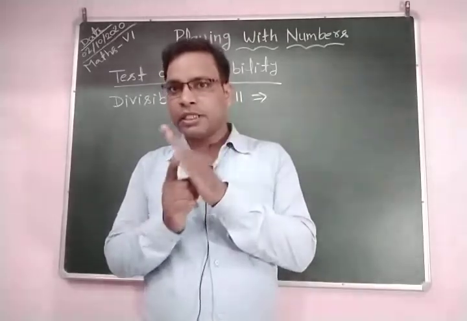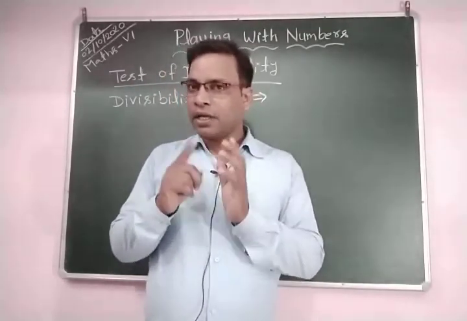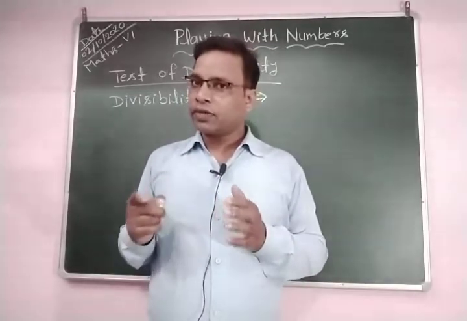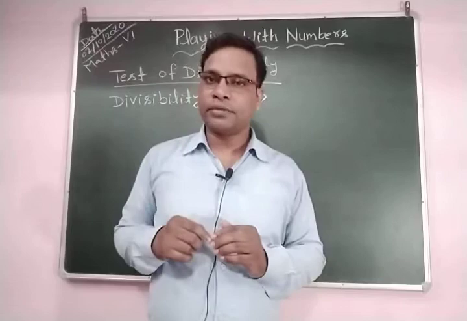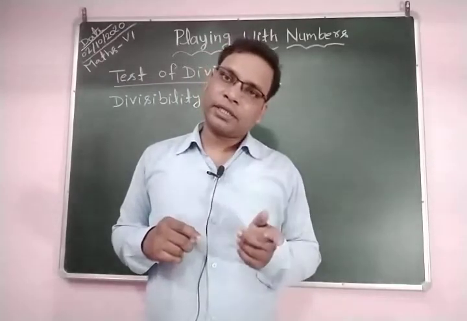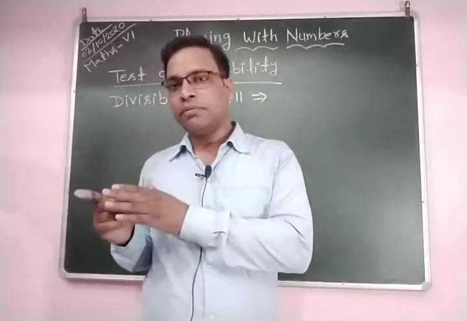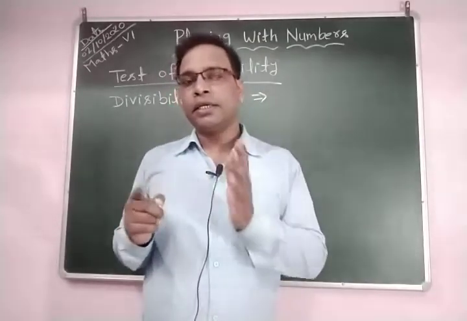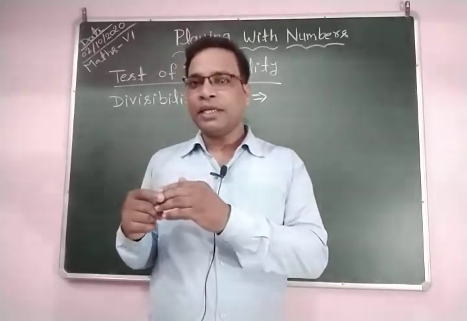The divisibility tests of 3 and 9 are the same. A number is divisible by 3, or you can say 9, if the sum of the digits of the number is divisible by 3, or 9, then that number is divisible by 3, or 9.